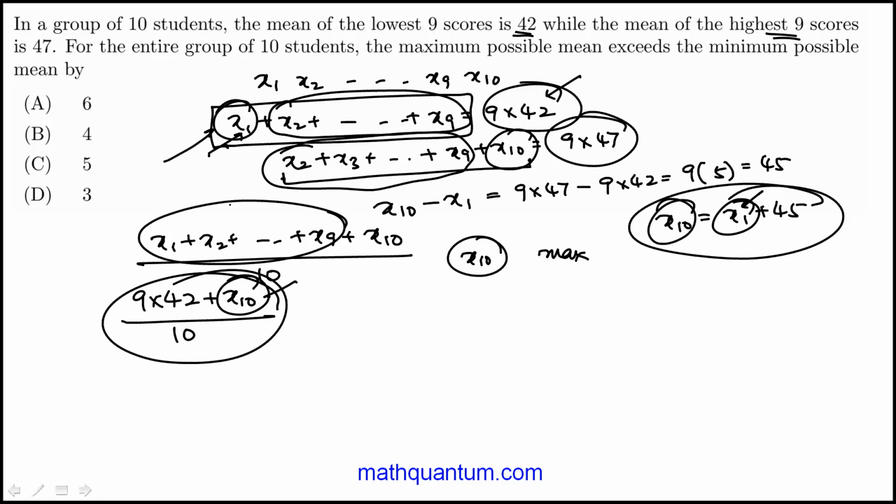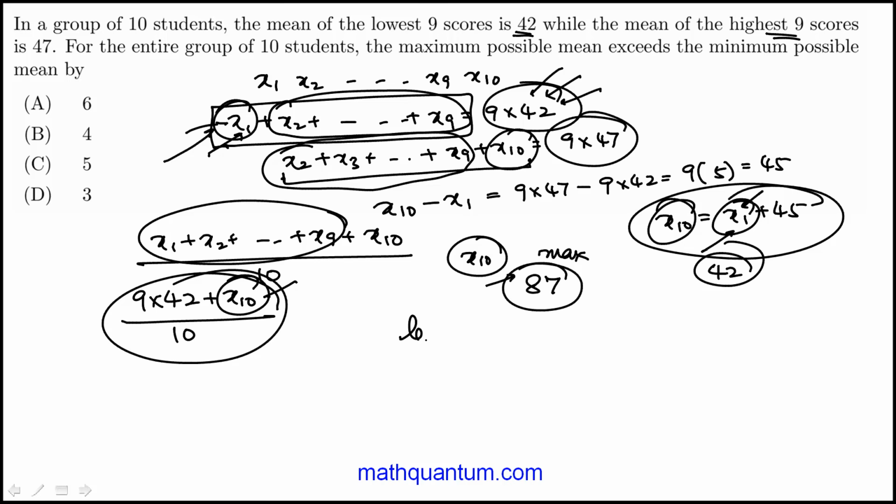It cannot exceed 42, because if it exceeds 42, this condition won't be satisfied. Imagine if this was 45, all these numbers would exceed 45 and their average would not be 42. So the best I can do here is 42. So in that case, the x10 max is 87.